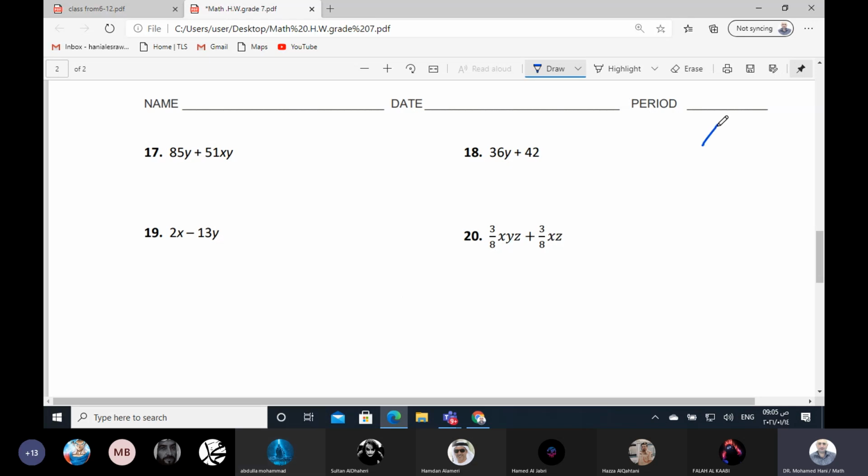We will try. Here 51 is 3 times 17. 3 is prime and 17 is prime. Then 85, divide by 5.